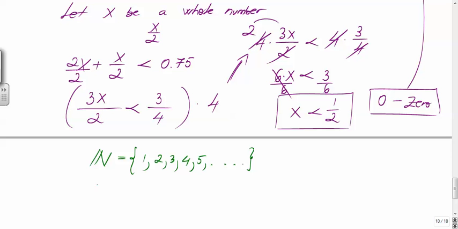I'm sorry, hold on, it's backwards. Actually, the natural numbers will have the asterisk over there telling you that 0 is missing. So that's the natural numbers, and the whole numbers will be N, but 0 will be included here.